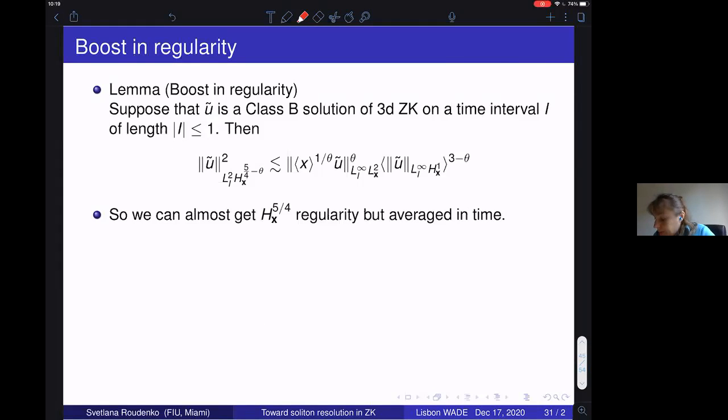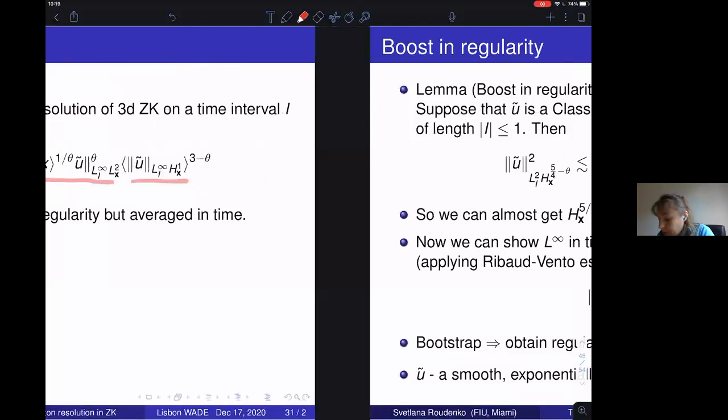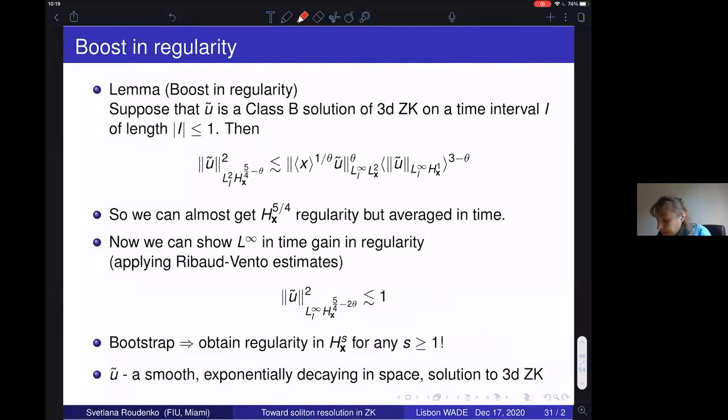What this means is that we take ũ in H^1, we take this weighted ũ in L^2, and this allows us to get our functions in H^(5/4). So we get 5/4 regularity, although it's averaged in time, but if we apply the resolvent estimates, then we can get L^∞ regularity, and then if we keep bootstrapping, we upgrade it for any s greater or equal to 1.